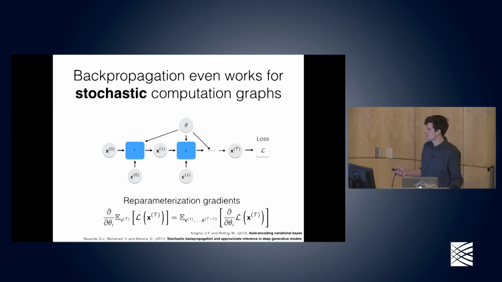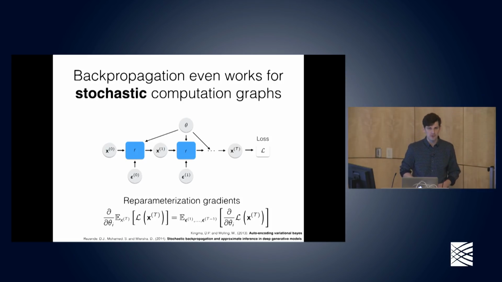If you want to learn more about that, you can read about variational autoencoders and other stochastic computation graph literature. The important thing is just that you can even use backpropagation to optimize noisy simulators.